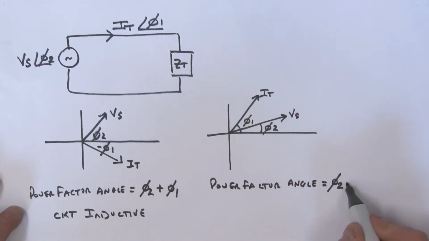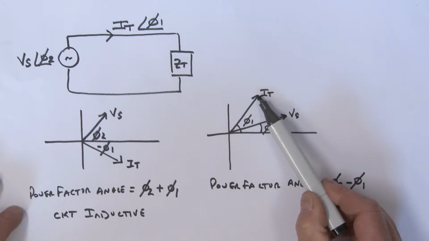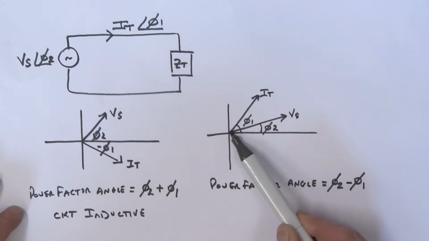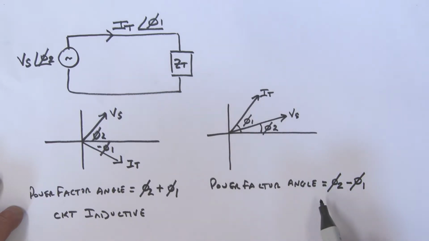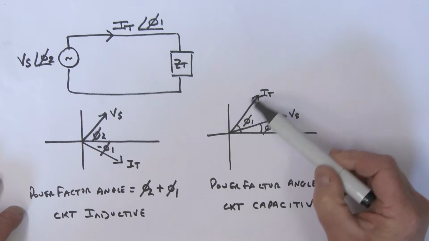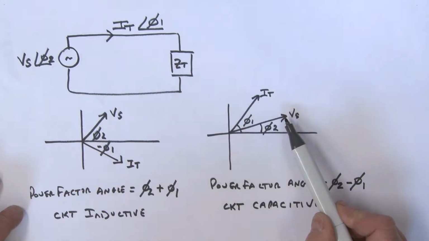So this is really a minus phi 1, and that means we're talking about an angle difference between It and Vs. In this particular case, we can say that the circuit is capacitive. The current is leading the voltage.